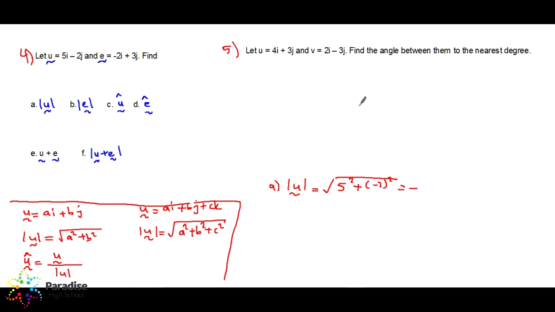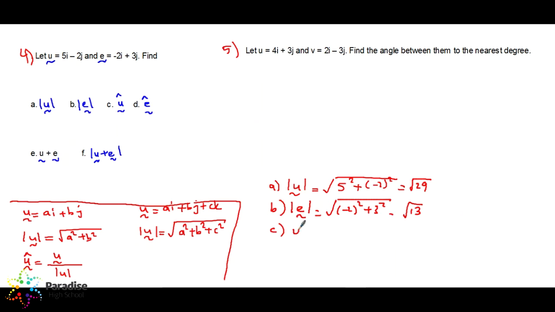That makes root 29. Okay, B. Magnitude of E. So that's going to be root of negative 2 squared plus 3 squared. So that makes 4 plus 9, root 13.